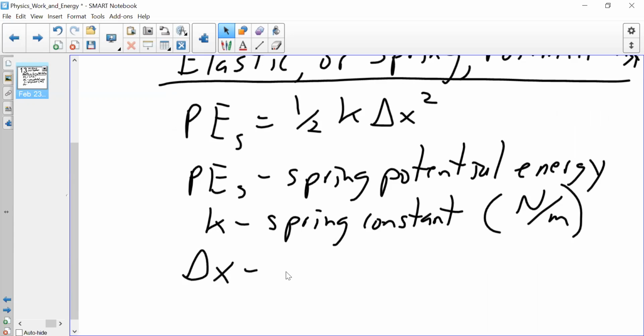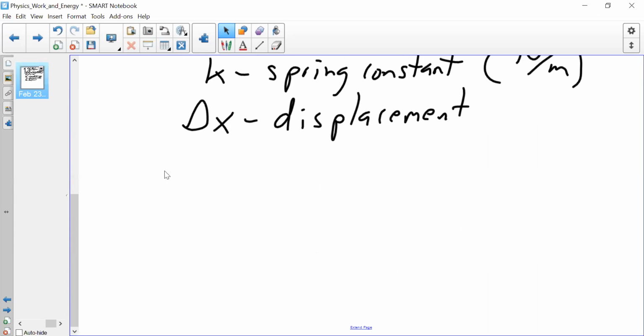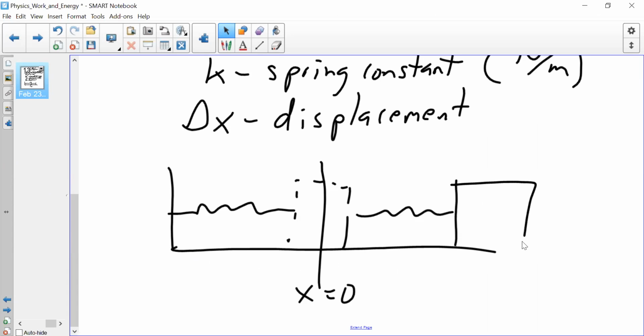Delta X is, again, displacement. So just a quick example of that. Let's say that I had a mass on a spring and I started off in the middle here, X is equal to 0. And I had a spring attached to this mass right here in the middle. And then I would stretch it a particular distance and say this is X initial, and then this is X final, which is not equal to 0.